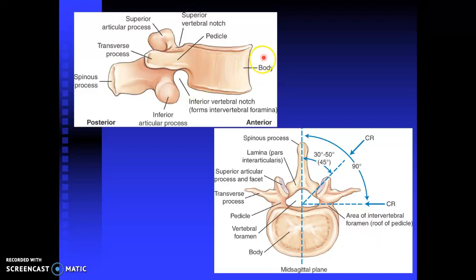Now looking at these individual vertebrae, we can see the inferior vertebral notch, which forms the intervertebral foramen. Of course, just like all vertebrae, there's the body, the spinous process, and the transverse process. We also take note of the superior articular process as well as the inferior articular process.